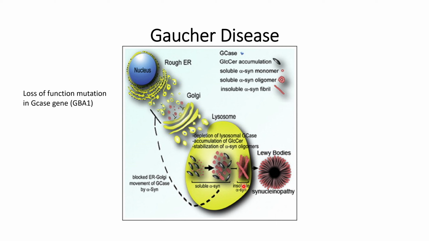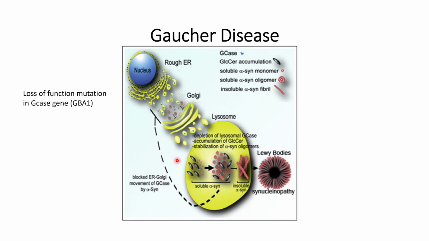This accumulation of higher insoluble alpha-synuclein in the lysosome further triggers a reduction in the trafficking of GCase, because alpha-synucleins are now too high within the lysosome, so it triggers a signal to the ER-Golgi network to further block the GCase.